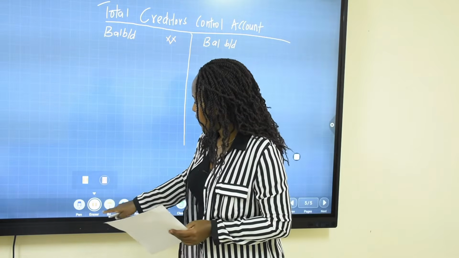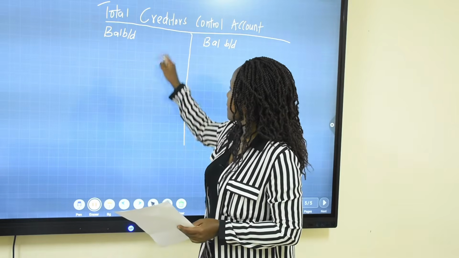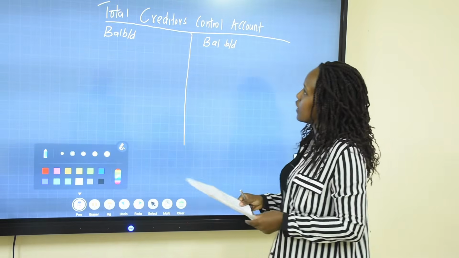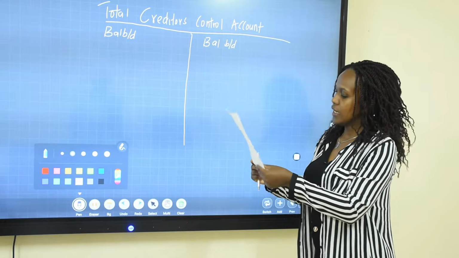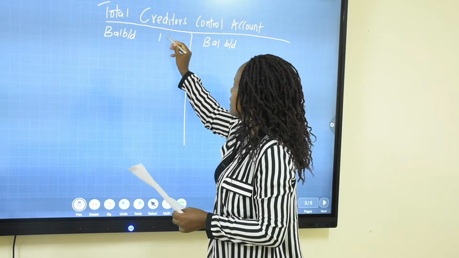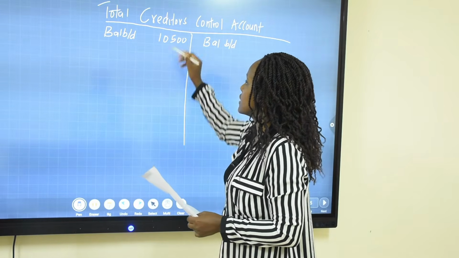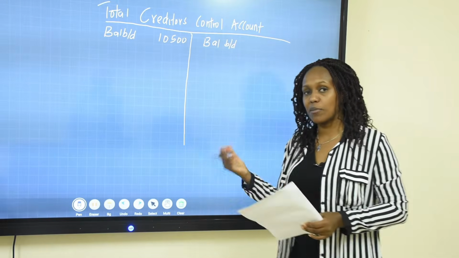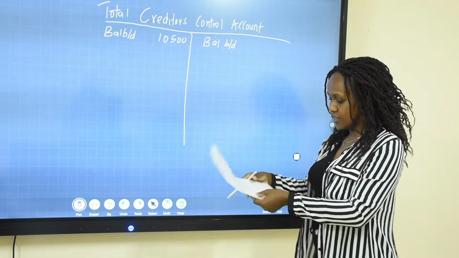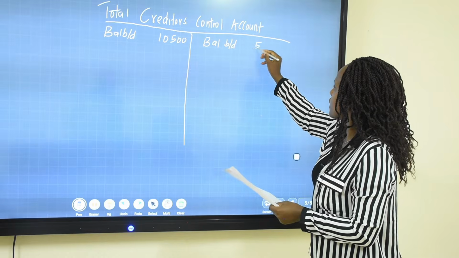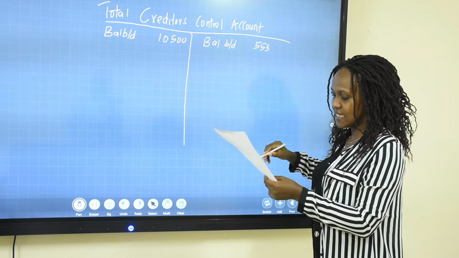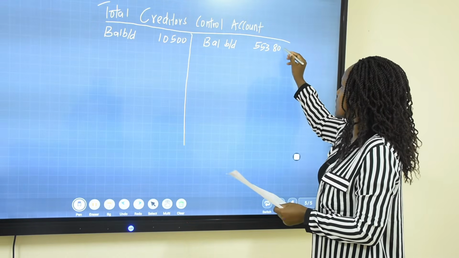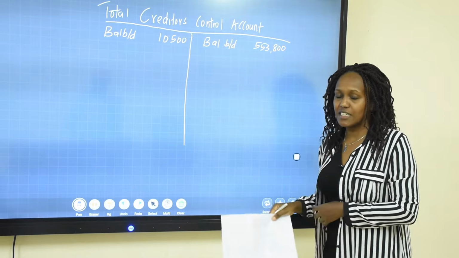So in our question, we already know the balances. So we have a creditors control account. The debit balance is 10,500. This represents the amount overpaid to some of the creditors. Then we have the amount owing to our creditors, or the obligation that we owe as an organization to our creditors.